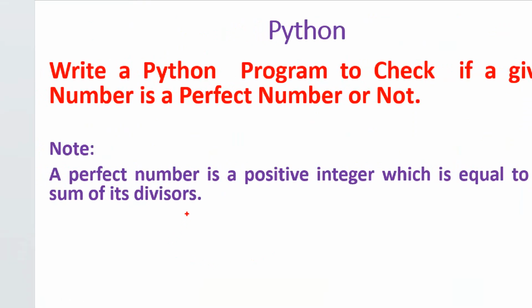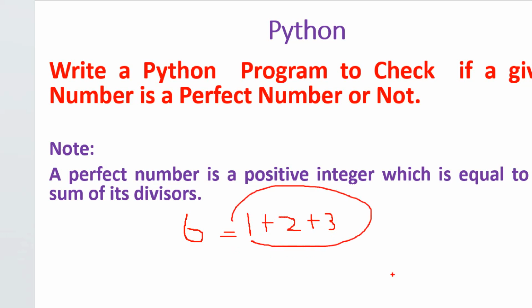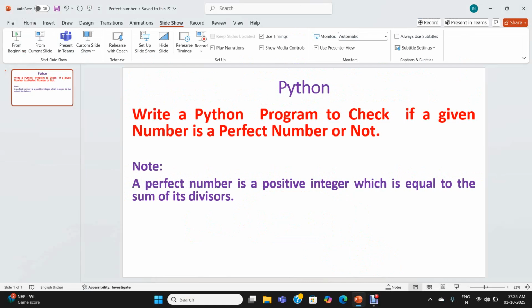For example, 6 is a perfect number because the sum of its divisors 1 plus 2 plus 3 is equal to 6. So 6 is a perfect number.